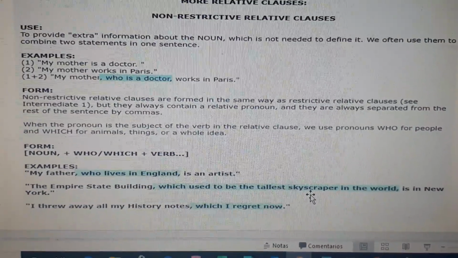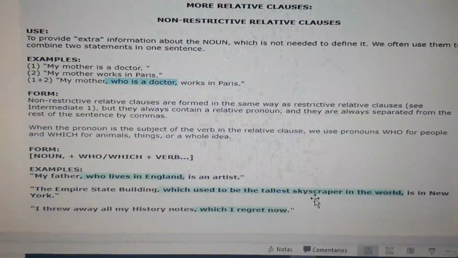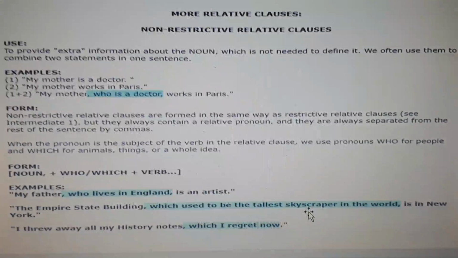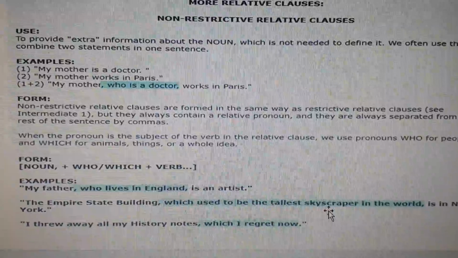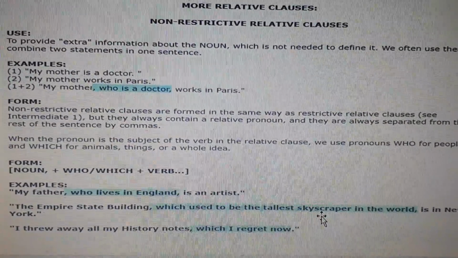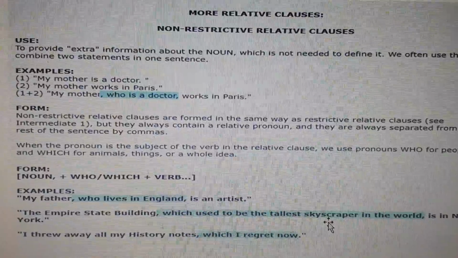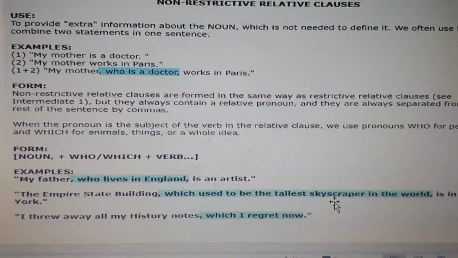I threw away all my history notes, which I regret now. History notes: there is no person, there is no time. So which, o sea, las cuales, o por lo cual yo me arrepiento ahora. So you need to understand the relative pronouns.